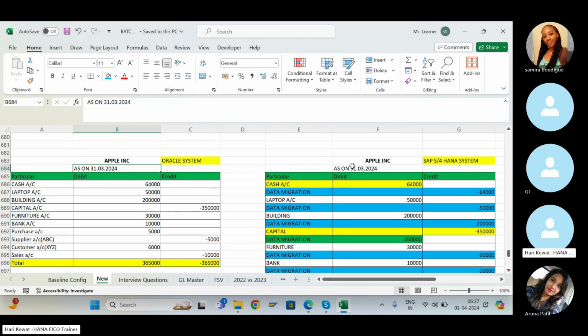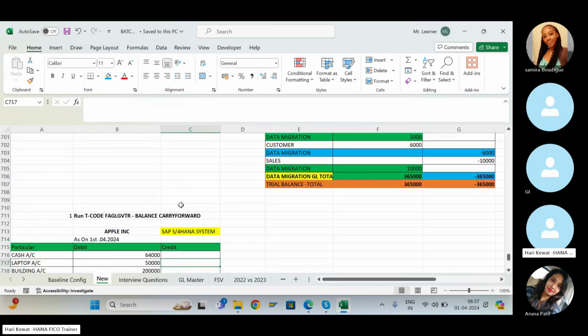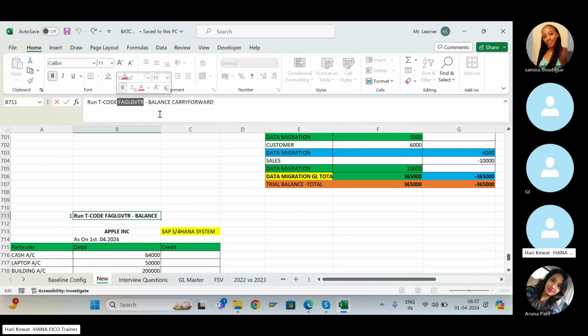And once it is loaded as on this date, if it is matching point by point, GL by GL, with the legacy system, then you have to run this T code in SAP, called FAGLGVTR. What this does is carry forward the closing balance as an opening balance for the next fiscal year.